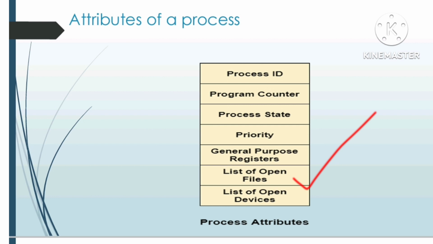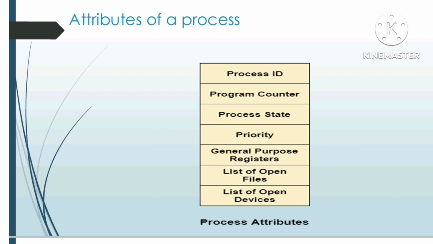Therefore, you are supposed to remember which files you have already opened, so that later when you come back for execution after preemption, you know which ones you have opened and will not open them again. Next one is list of open devices. Open devices means you can think of printers, scanners and hardware devices, and you should maintain a list of them, so every piece of information will be maintained.